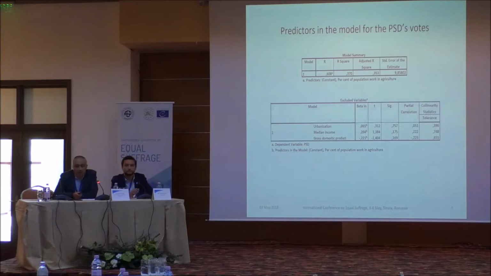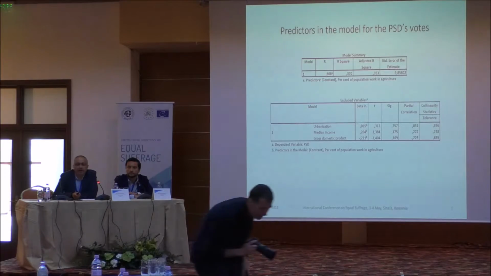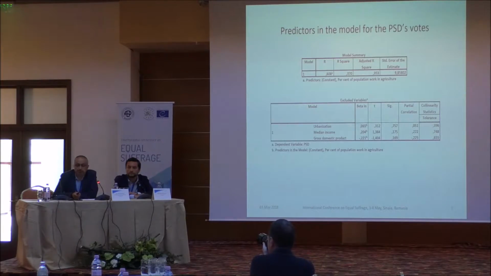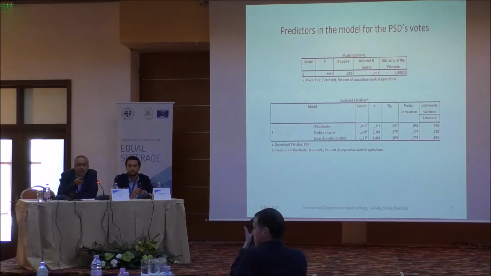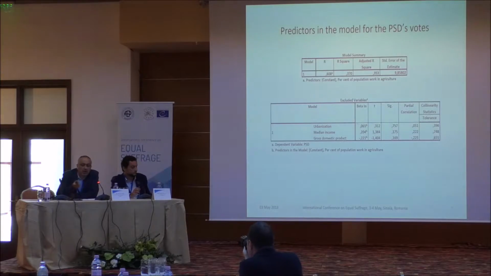For all this data at the level of the constituency, in the model for the Social Democrats, the percent of population working in agriculture is an important variable that counts. R squared is quite good, 0.37, but it's not enough.